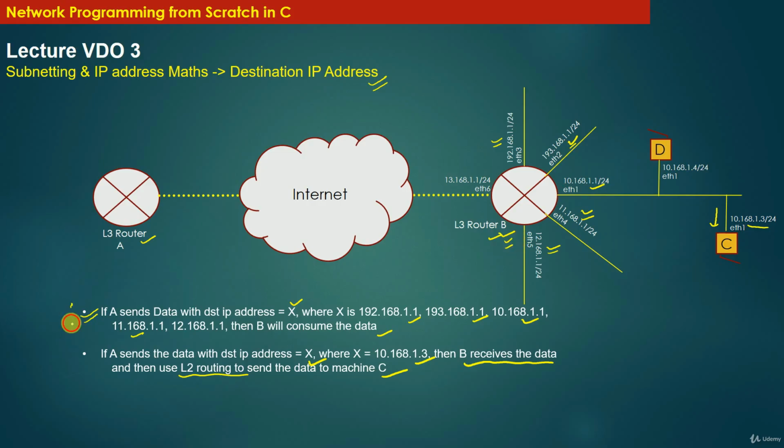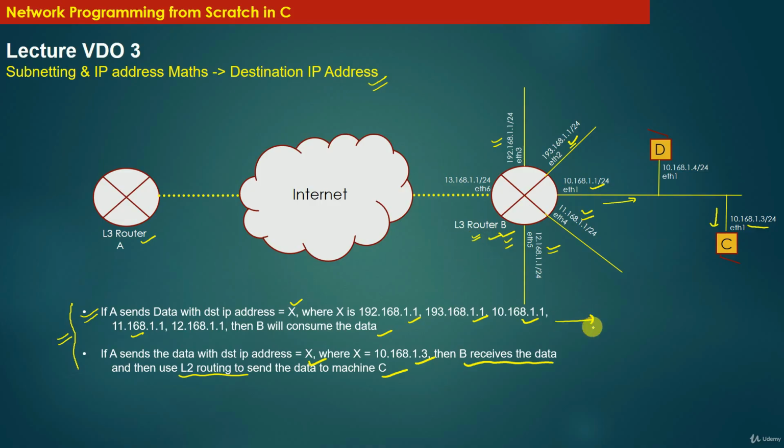So these two are basic principles which state the criteria of receiving and consuming the data, or further propagating the data to the machine present in the local subnet attached to the L3 router.